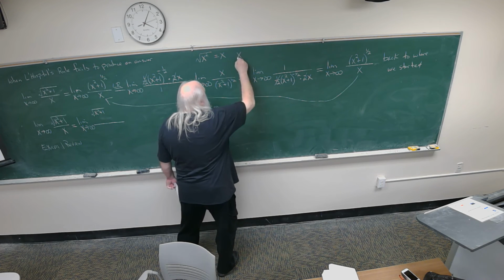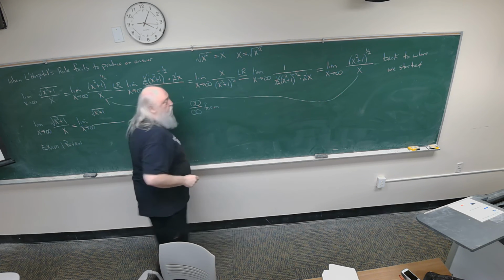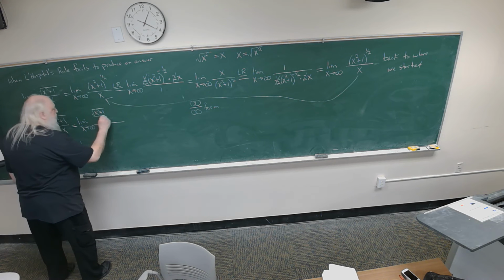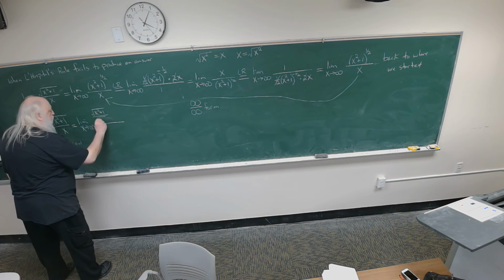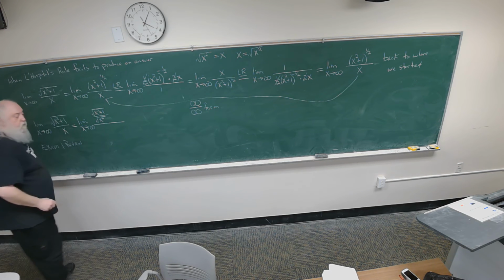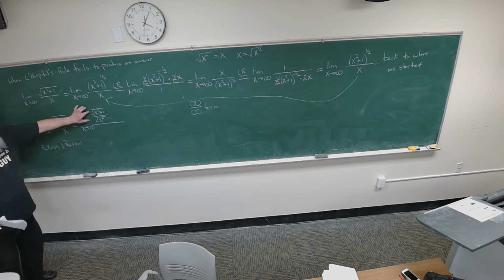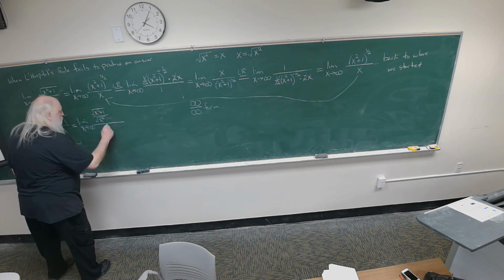So x is also equal to the square root of x squared when you switch the two sides. So when we divide the numerator by x, we're actually dividing the numerator by the square root of x squared, because then we can put this entire fraction under one radical. And then in the denominator, we have x over x.